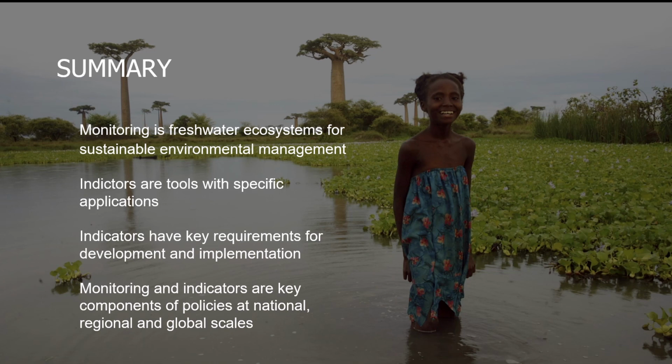Effective indicators are developed with stakeholder input and suitable data and are applied to the right scale, right time, and for the purpose they were designed for. The fourth point is that the need for monitoring and specific indicators are either already or becoming increasingly key components of policies at national, regional, and global scales aimed at protecting natural resources and ecosystem services they provide.